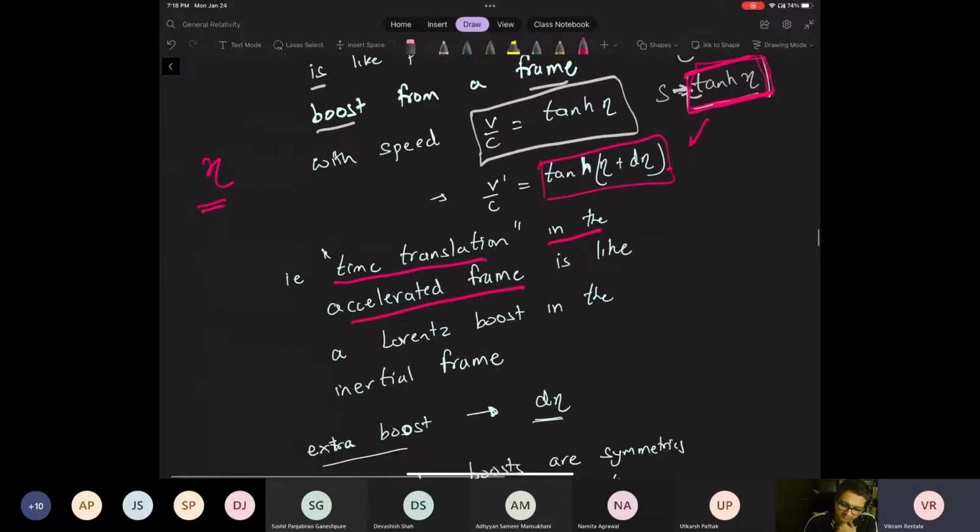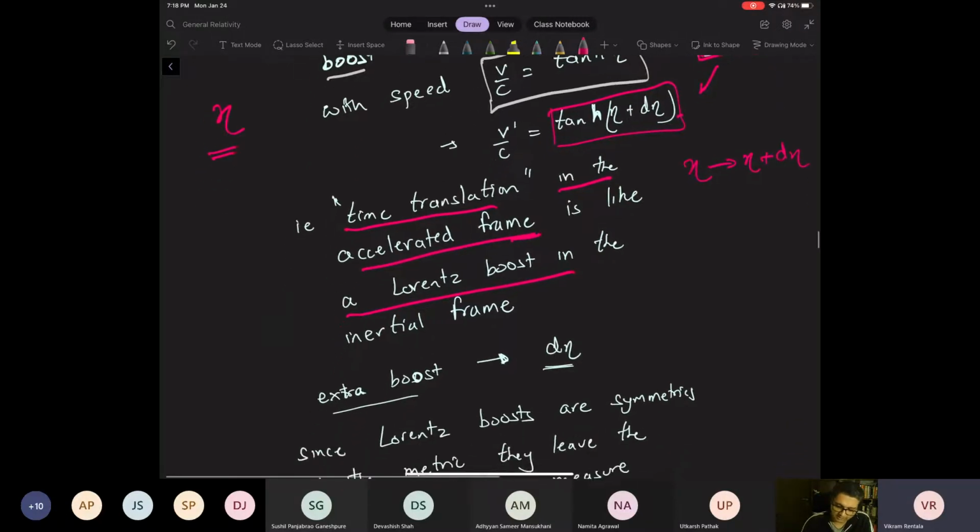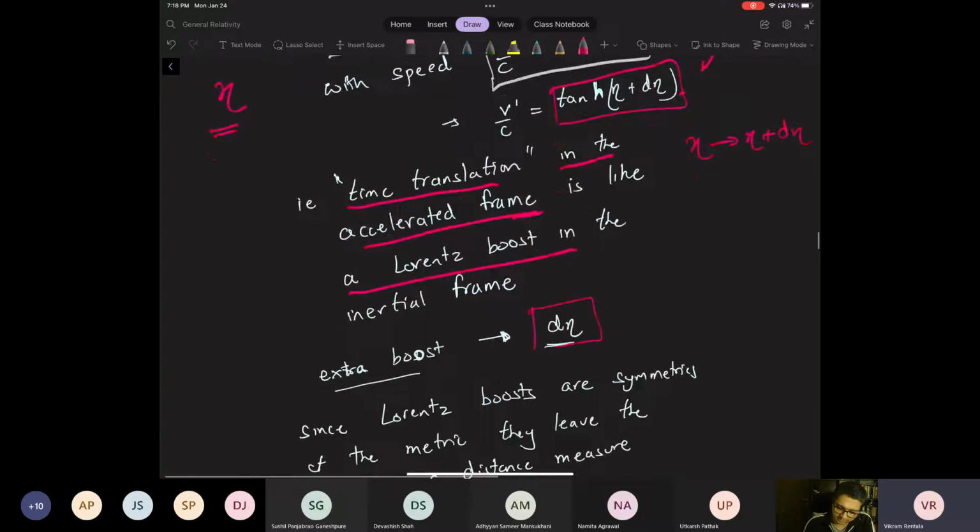So a time translation in the accelerated frame, if I look at it in the inertial frame, is like performing a Lorentz boost. For the accelerated observers, I'm making a time translation. According to the inertial observers, this is a Lorentz boost that we're making, and the extra boost is by this extra rapidity d eta.